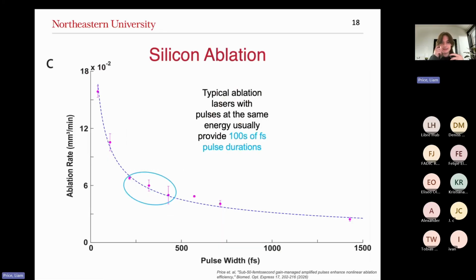But when we plot these along with the fit that we generated with the rho and Z, we see this pretty good agreement with the theoretical model that we were assuming would be correct. But you see this huge improvement just from going from these hundreds of femtoseconds pulse durations down to this 40 or so femtosecond pulse duration.